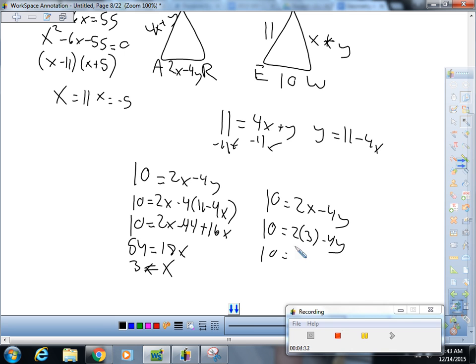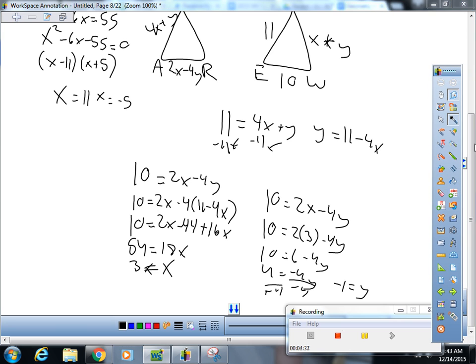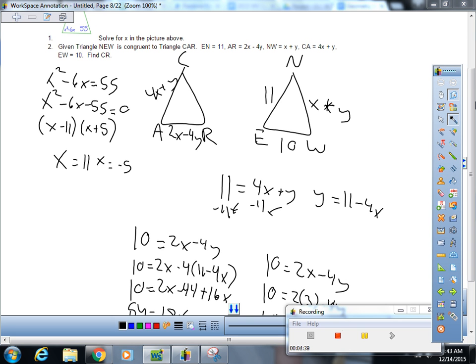So 10 equals 6 minus 4y. 4 equals negative 4y. So divide everything by negative 4. You get negative 1 equals y. And then since the two triangles are congruent, you plug in x, which is 3, and y, which is negative 1. 3 plus negative 1 equals 2, so that means CR equals 2.